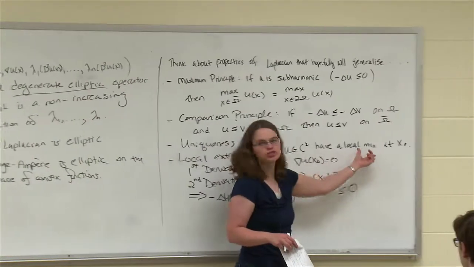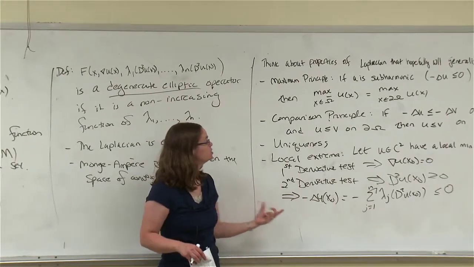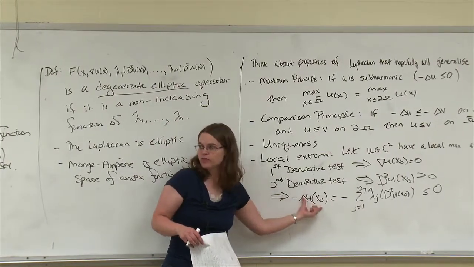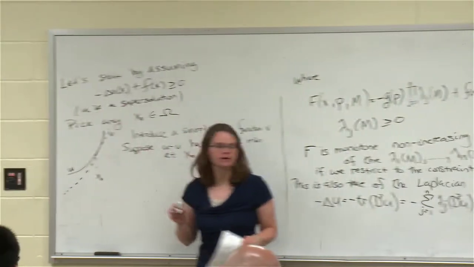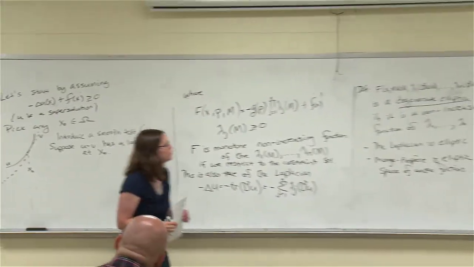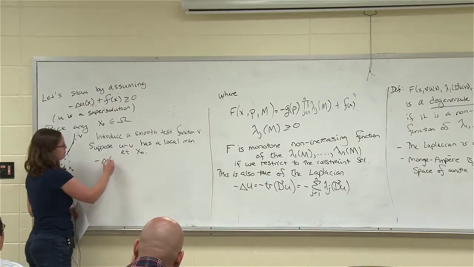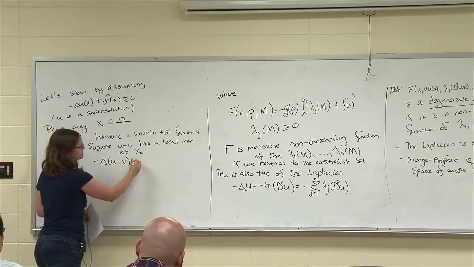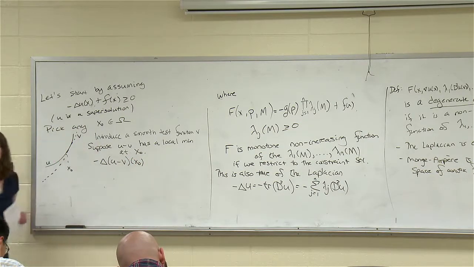I have some conditions of what should happen at a local min, and these conditions happen to involve the Laplacian. I really want to involve the Laplacian because that's what's coming up in my PDE. So I know that minus the Laplacian of u minus v at this point should be less than or equal to 0.